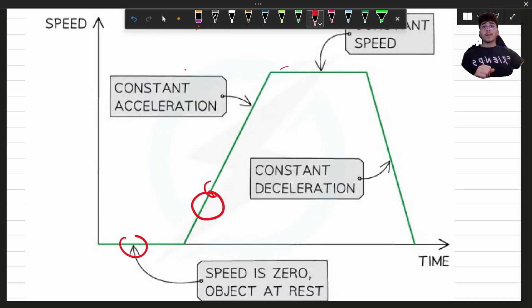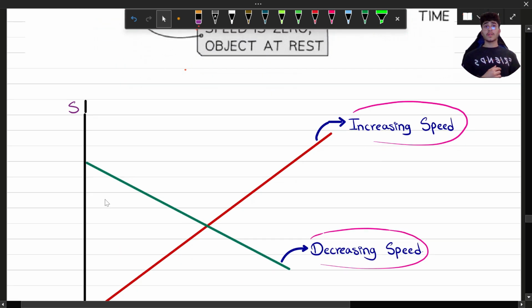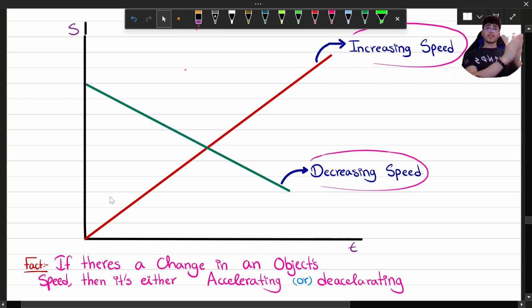Here we have no acceleration because 0 slope, 0 acceleration, but constant speed. Here we have, again, constant gradient, but it's negative, so constant deceleration, but decreasing speed. Again, increasing speed is upwards, decreasing speed is downwards.